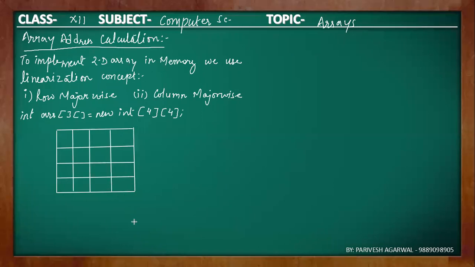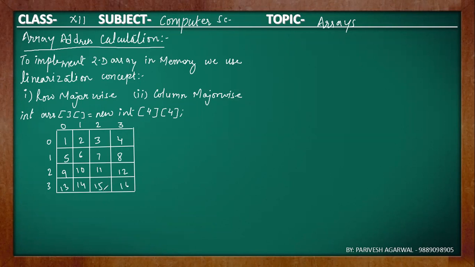So it is understood that this is your 4 by 4 array. Here you can see, students, the 4 by 4 array I had drawn. Index numbers have been given 0, 1, 2, 3, 0, 1, 2, 3. Now if we form the linearization method, I am storing some values such as 1, 2, 3, 4, 5, 6, 7, 8, 9, 10, 11, 12, 13, 14, 15, and 16.